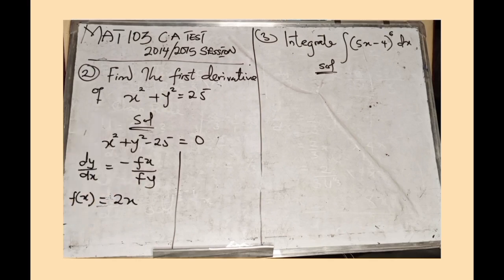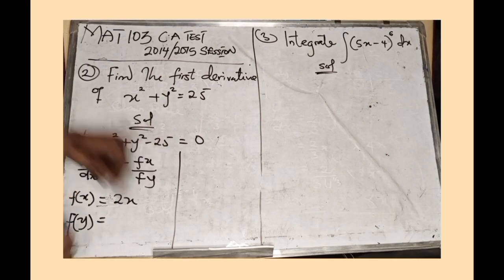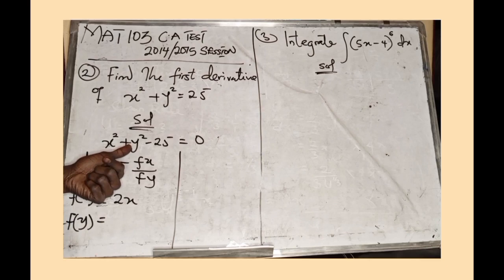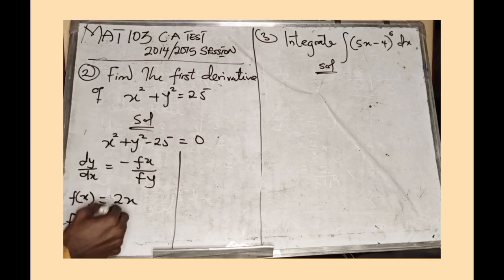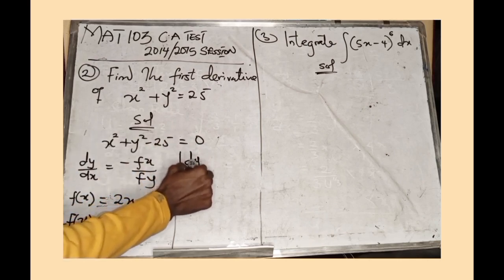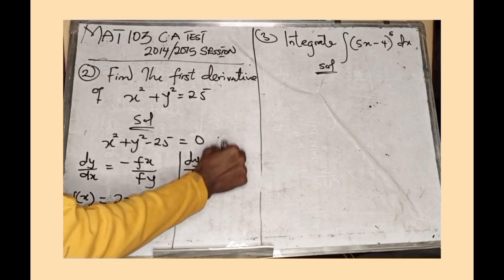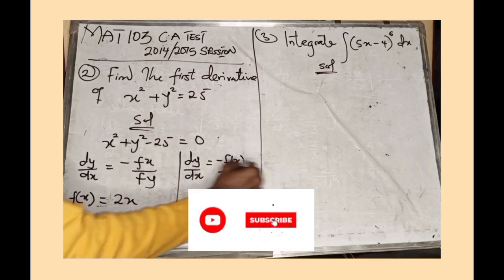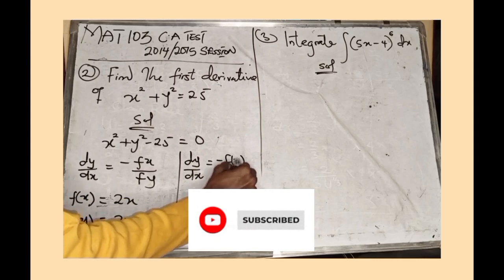Now coming over to f of y, the same thing here, this is 0, they're all constant. I only need to differentiate this with respect to y, and this will give me 2y. Next, applying the formula, dy over dx is equal to minus f of x over f of y.